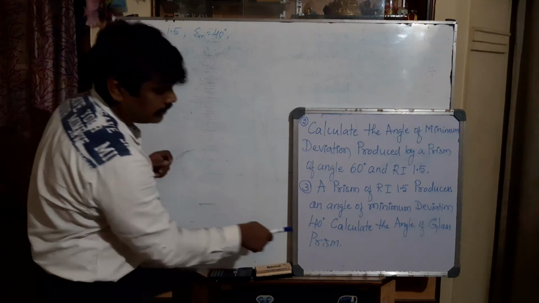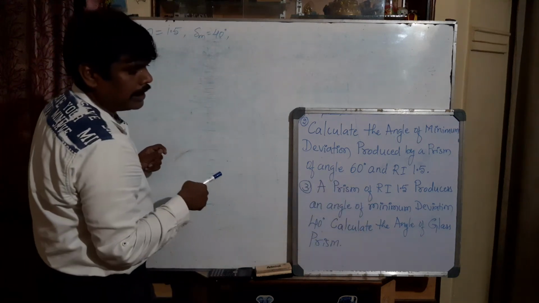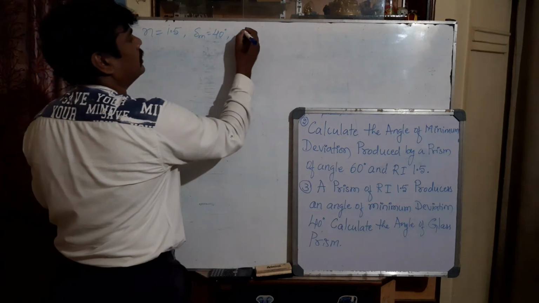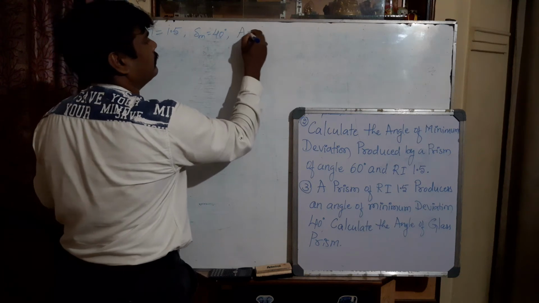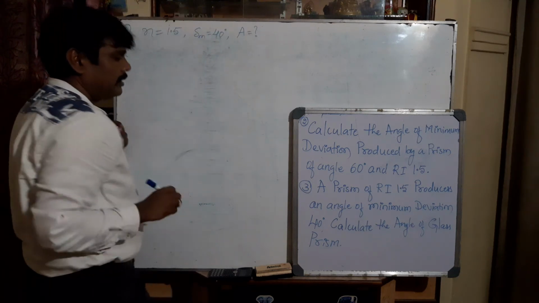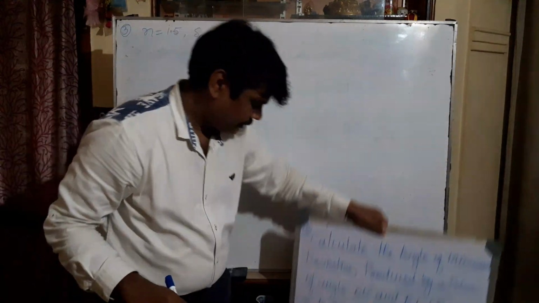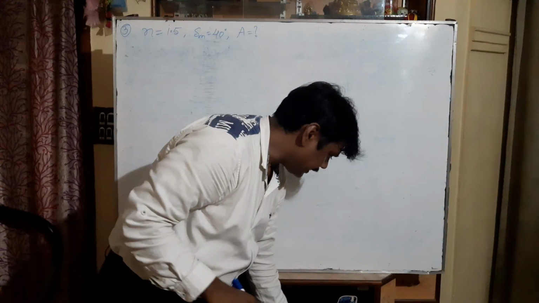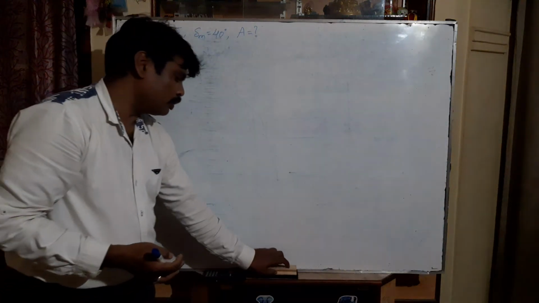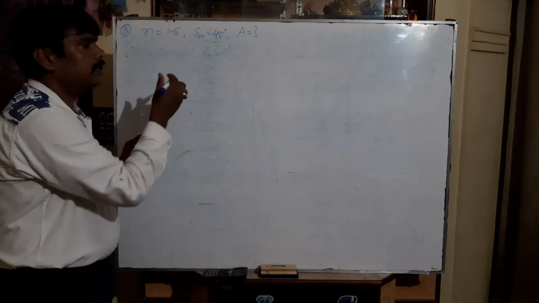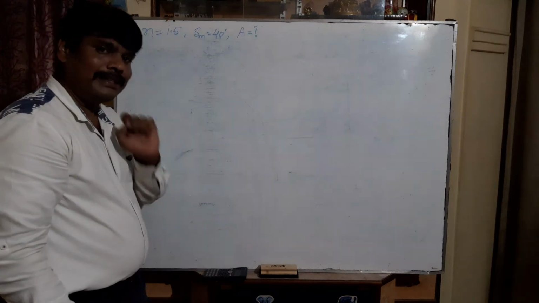What we need to calculate here is the angle of the glass prism. Compared to the first and second problems we have solved, this problem is somewhat lengthier.